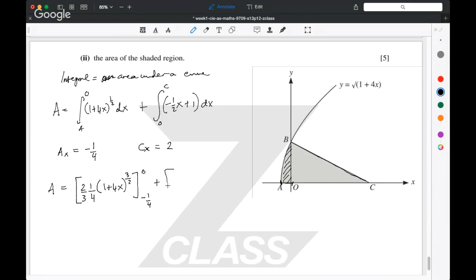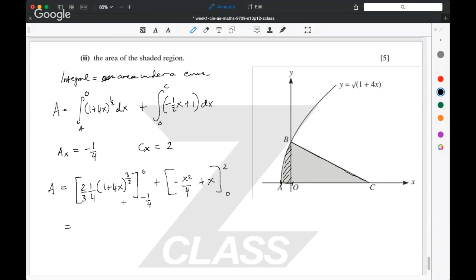And then we're adding this area, which is, so minus 1/2 x integrated is minus x squared on 4 and plus x. And if you find this a bit doubtful, just convince yourself by differentiating these things inside and seeing that you recover the original thing. And we're doing this between 0 and 2.